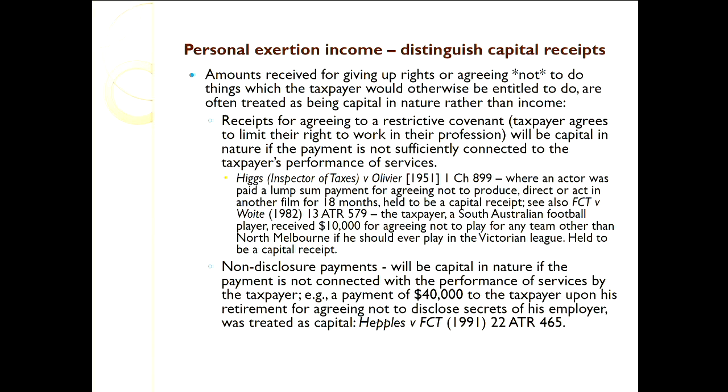Because during the life of an employment contract, the employee is performing services, and it's very hard to say it's not a payment for services, for what the employee is doing. In a lot of employment contracts, you have an obligation while you're an employee to not reveal secrets of your employer anyway, right? So it's very hard not to see it as part of the overall remuneration package if it's during the life of the employment contract.